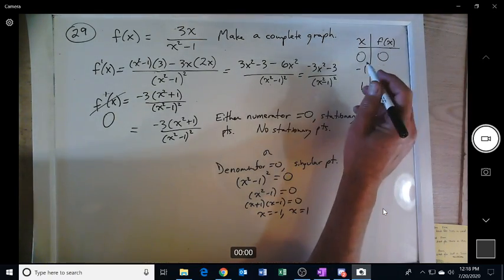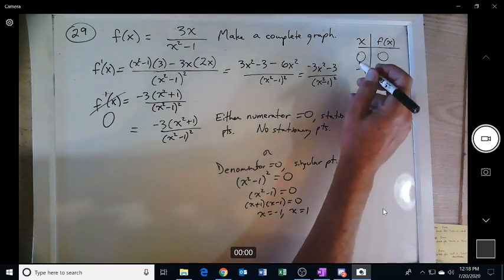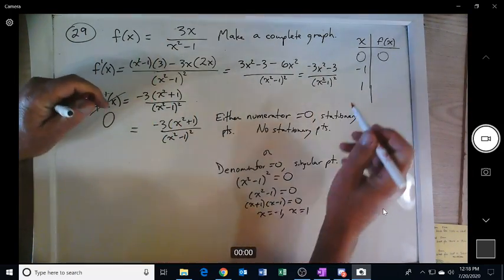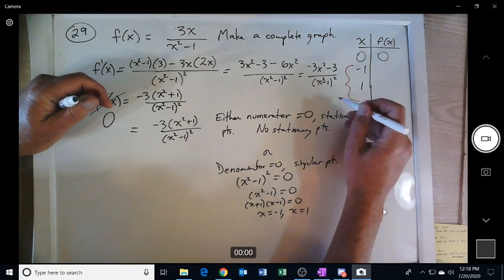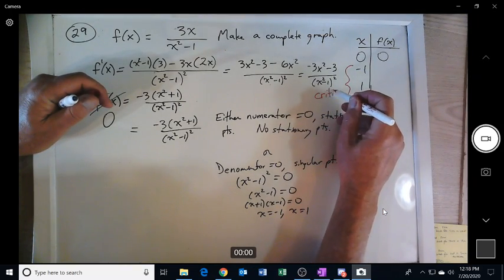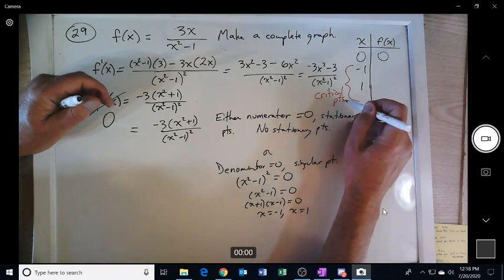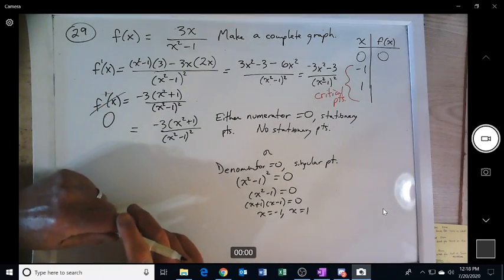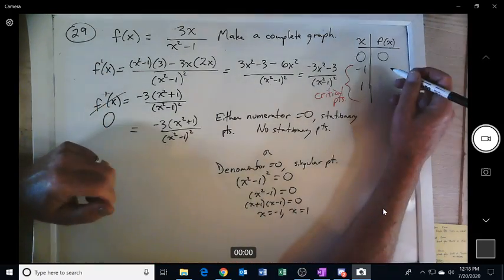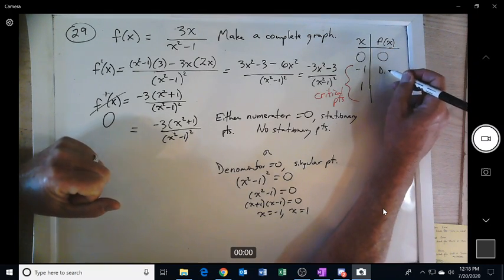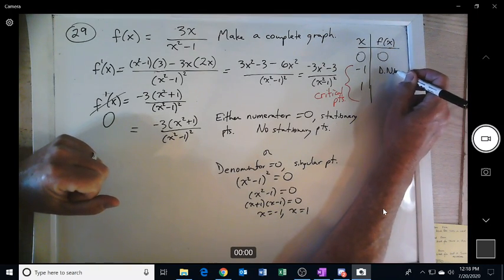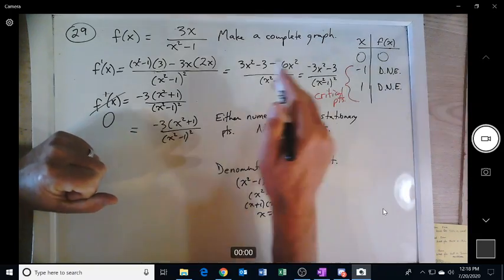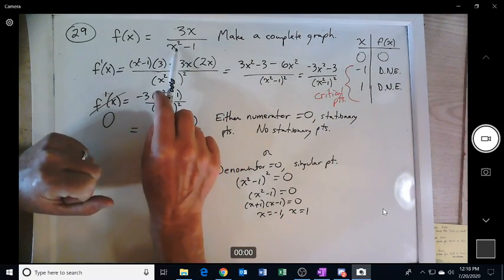These are critical points. All right, but these do not exist, because they cause the denominator to be 0 even in the original function.